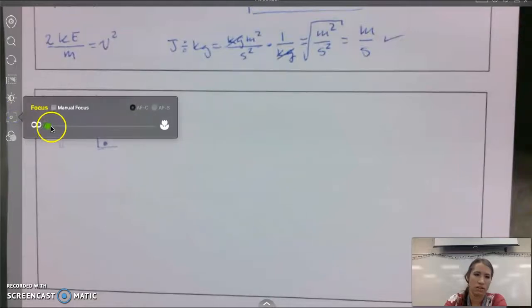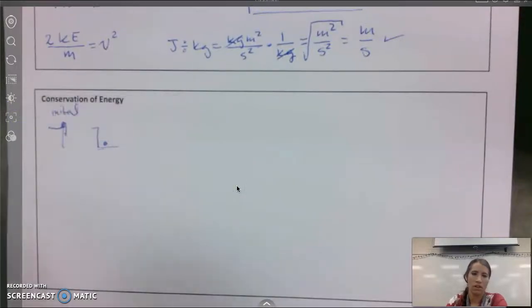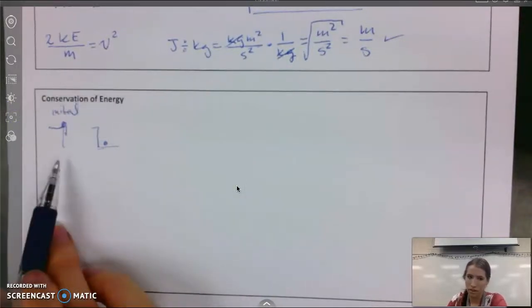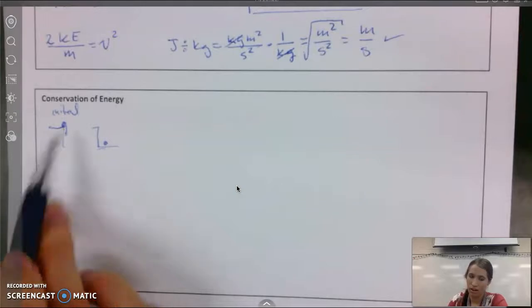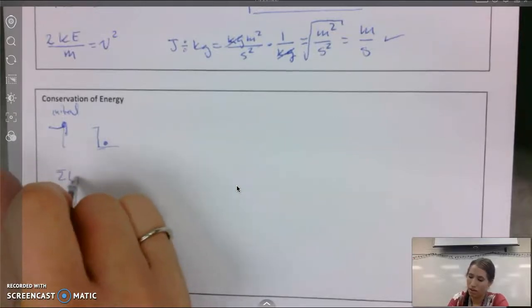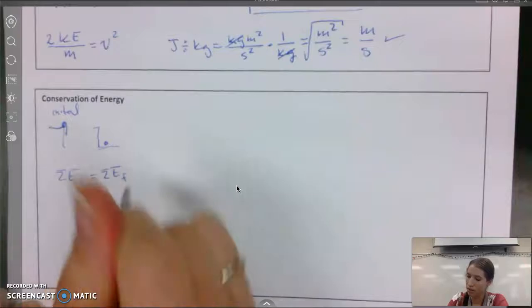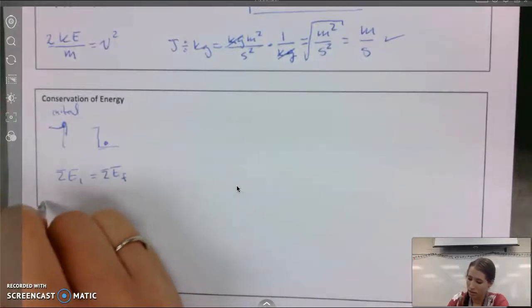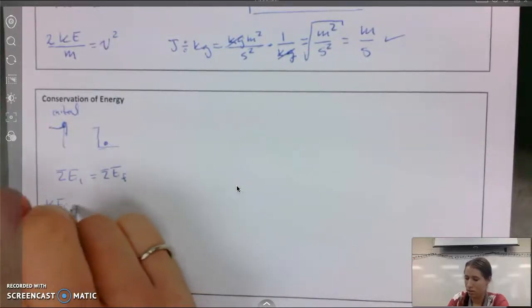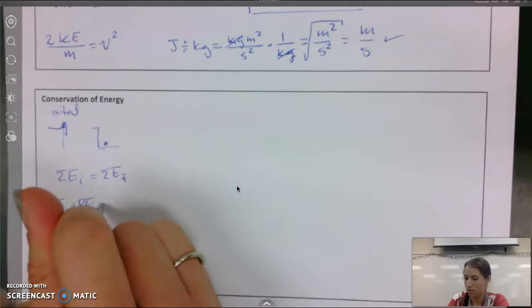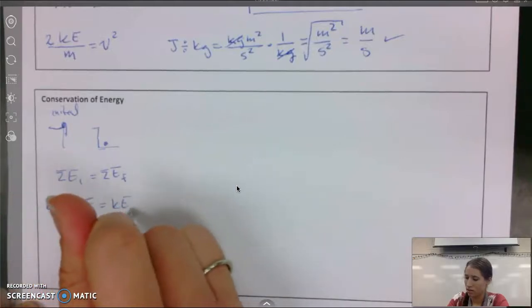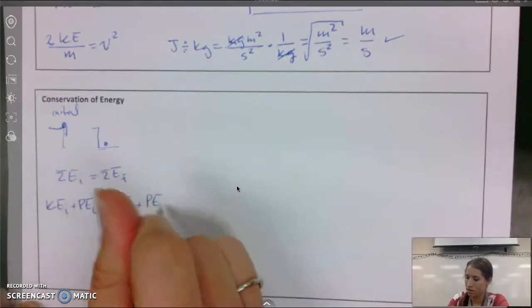Let's see if I can get this to focus. Now, initially, the sum of the energies initial needs to equal the sum of the energies final. Let's plug in: kinetic energy initial plus potential energy initial equals kinetic energy final plus potential energy final.